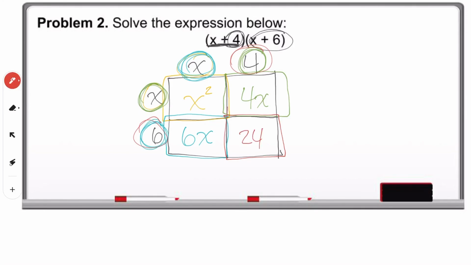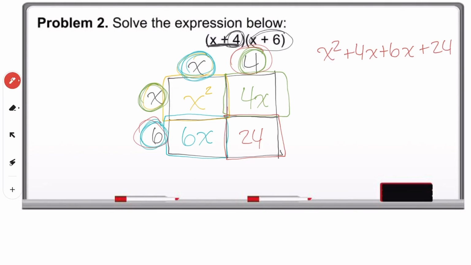So I take every single term inside of these boxes and I add them together. So I see I have an X squared, I have a 4X, I have a 6X, and I have a 24. I am not done because I have like terms.